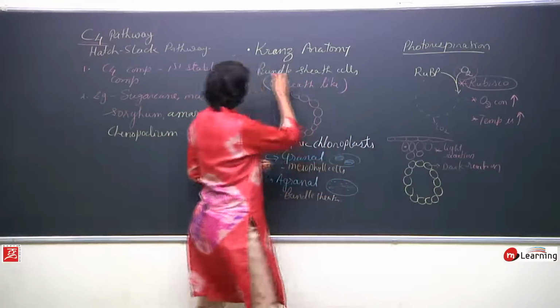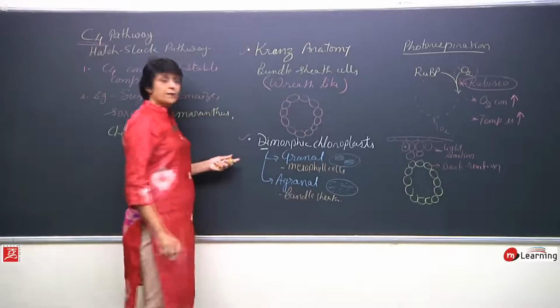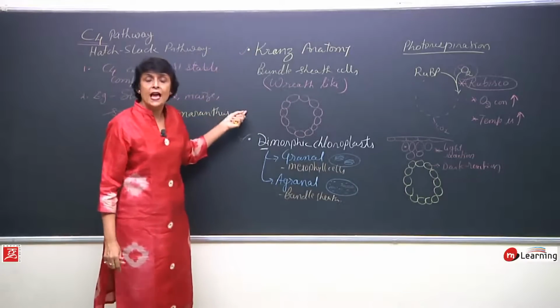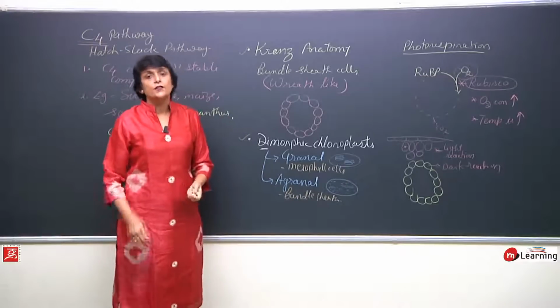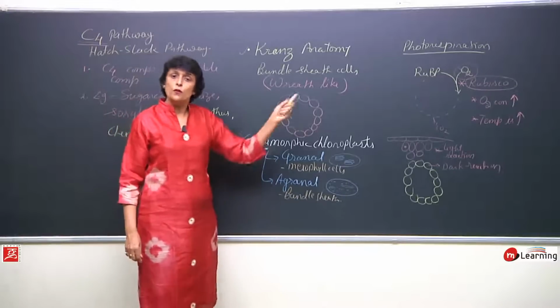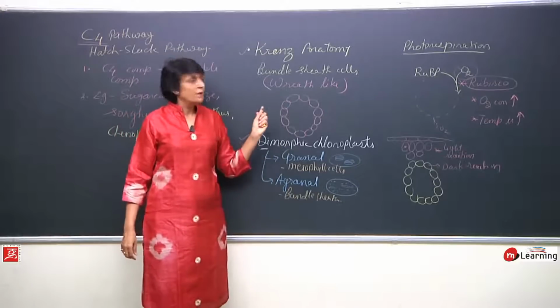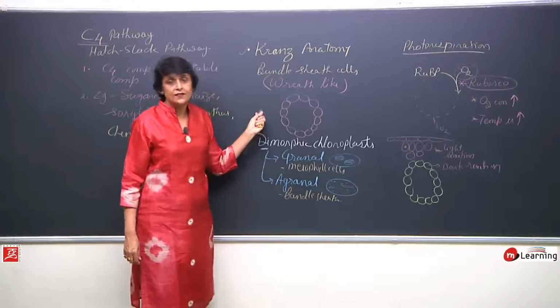So by having these two things, Kranz anatomy and dimorphic chloroplast, C4 plants have totally avoided the problems caused due to photorespiration. Now let us take the exact process of how this C4 cycle takes place.